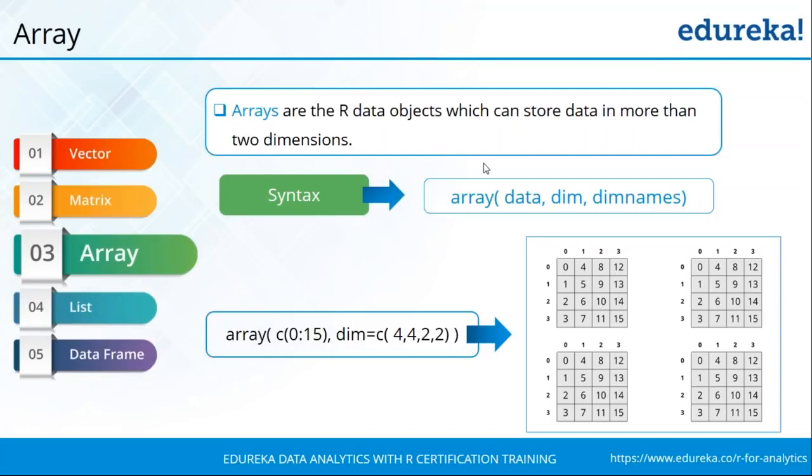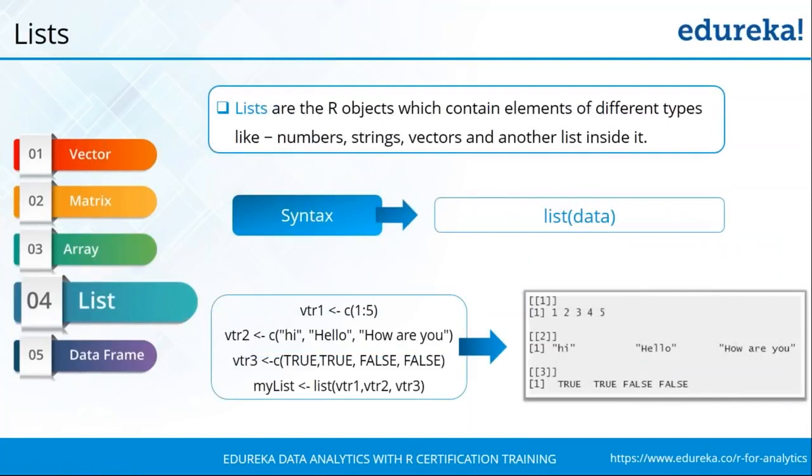Alright, so let's move forward and talk about the next data type, that is list. Lists are quite similar to vectors, but the key difference between a list and a vector is that you can store elements that belong to different data types in a list without actually changing their data types. We had seen this problem with vectors, where we tried to store a character value, a logical value and a numerical value, and they got changed to character values.